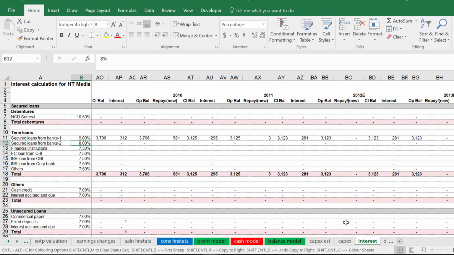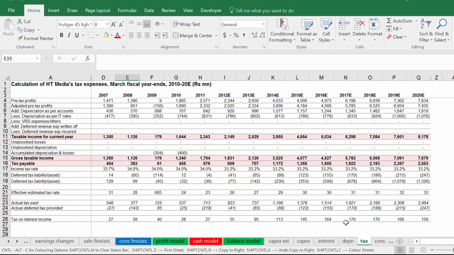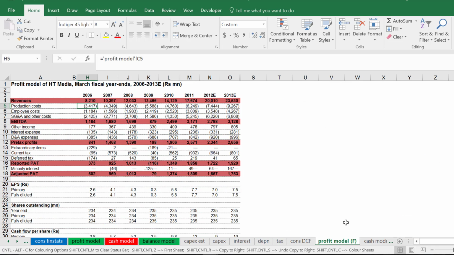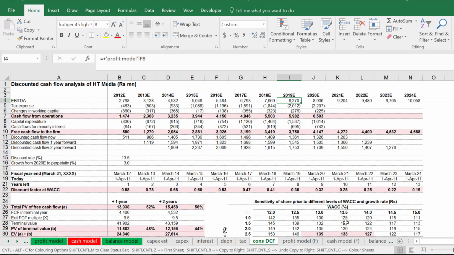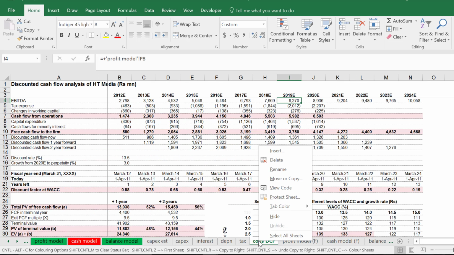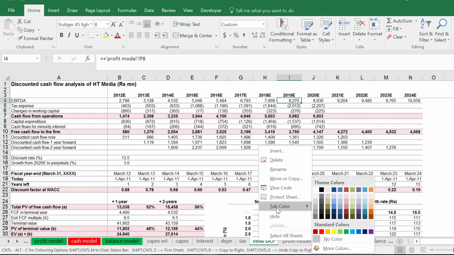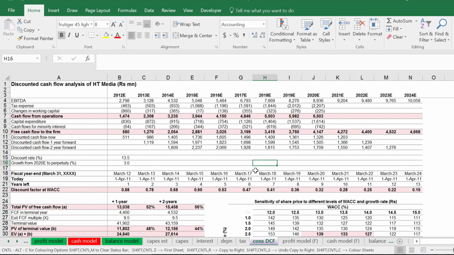And then down here, they have a depreciation sheet that we're going to spend a whole lot of time on. And they have a consolidated discounted cash flow. So how about a purple sheet for that? This is an introduction.